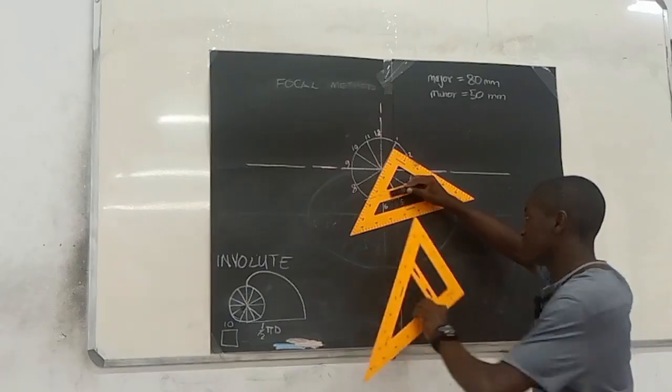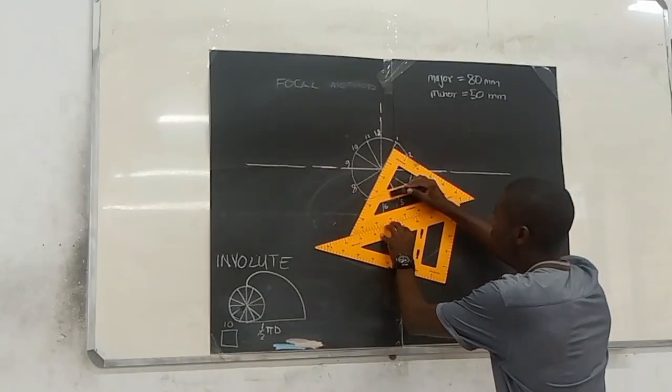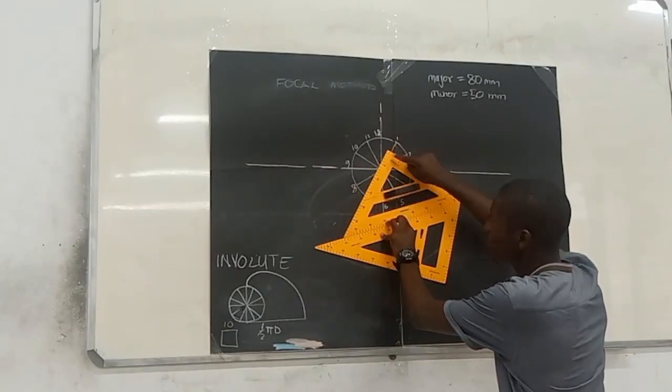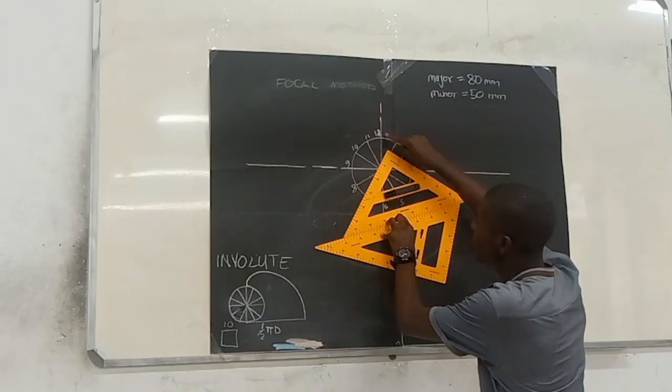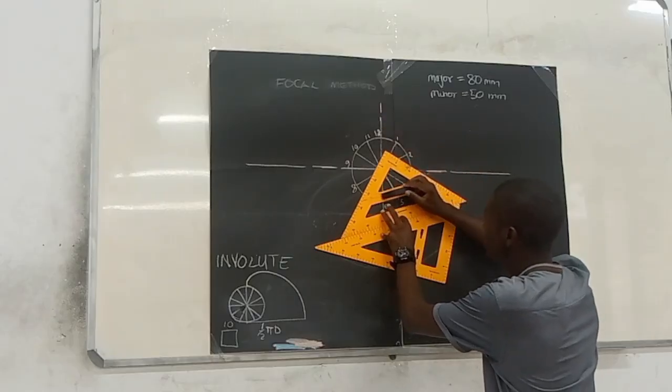We'll get our other set square. We slide just a bit so that when we move it upwards, we're going to have a line this side.